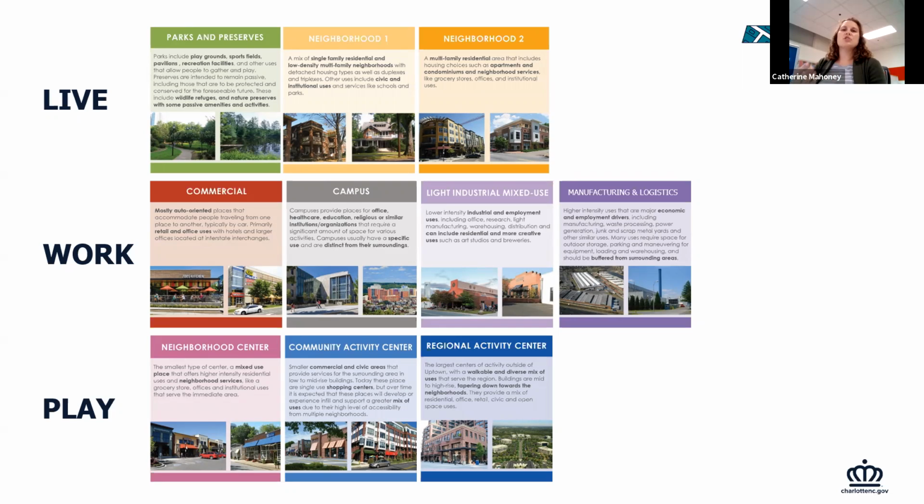Manufacturing and logistics is your traditional production and distribution type place. And then we have 3 place types. These are our mixed use activity centers, and they range in intensity from neighborhood center to regional activity center.